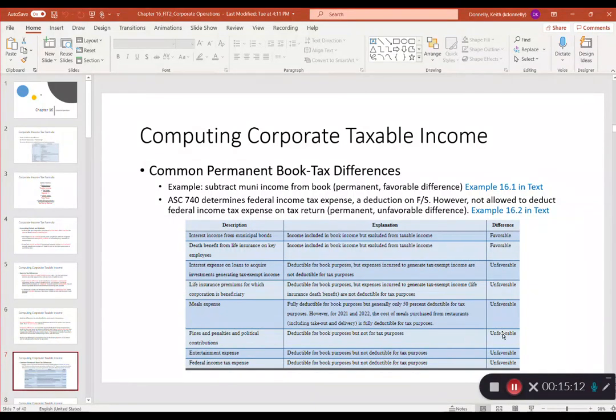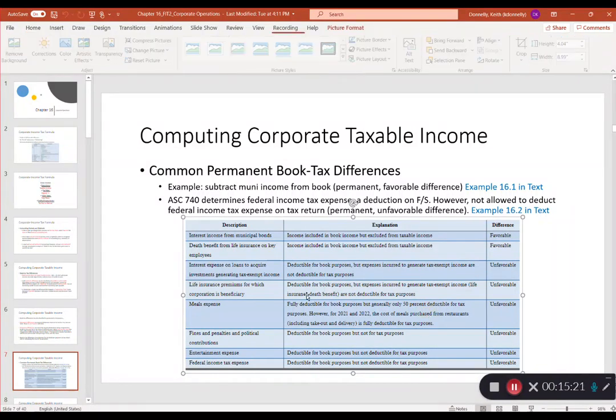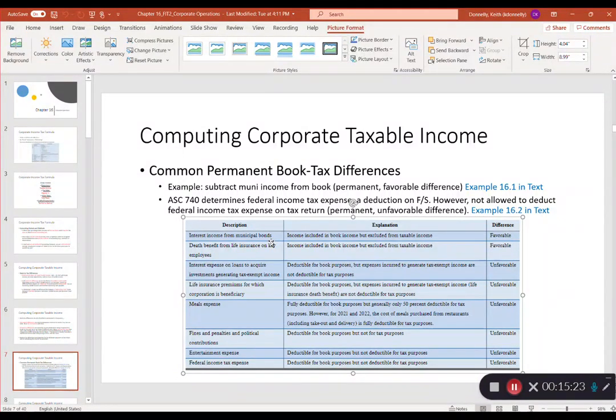You can see unfavorable, right? It's like if you get a benefit on books and you don't get that benefit on your tax return, it's unfavorable. In distinction, interest income from muni bonds, this is favorable, right? It's on books, but it's excluded from taxable income.